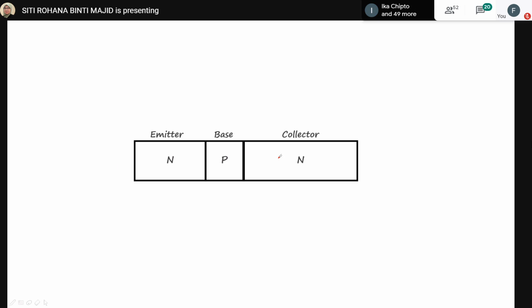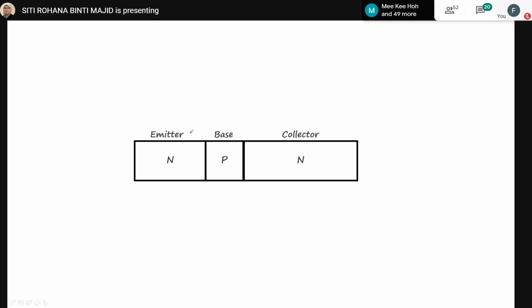Again, the first N type is called the emitter. This layer is heavily doped, so it has a large number of free electrons, which serve as the majority carrier.